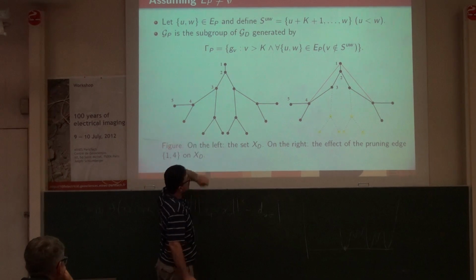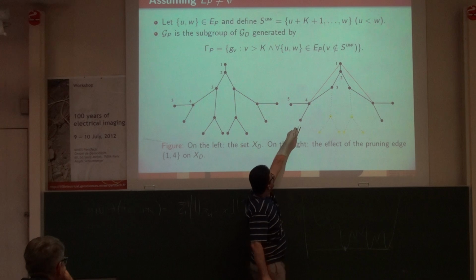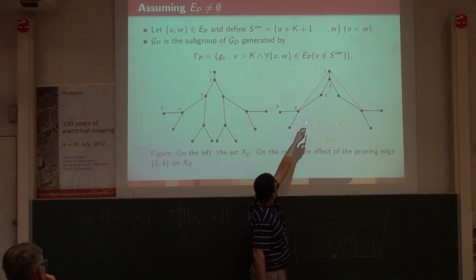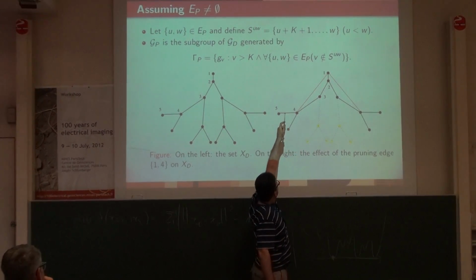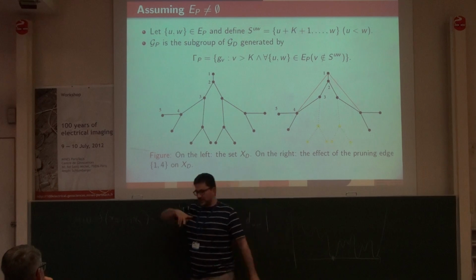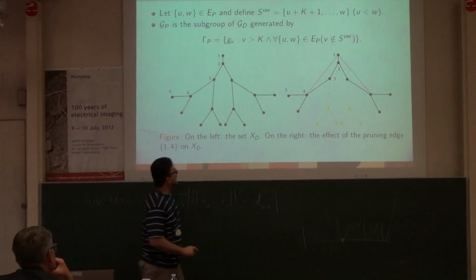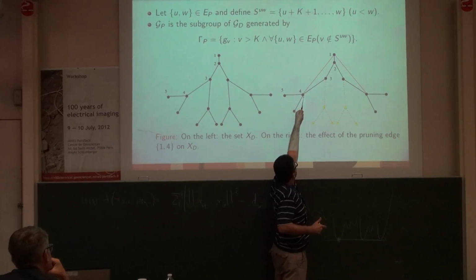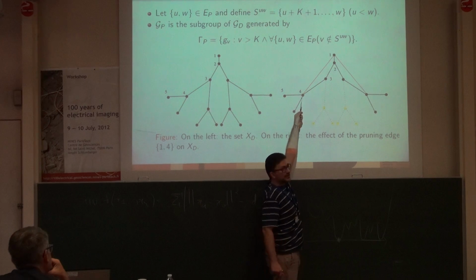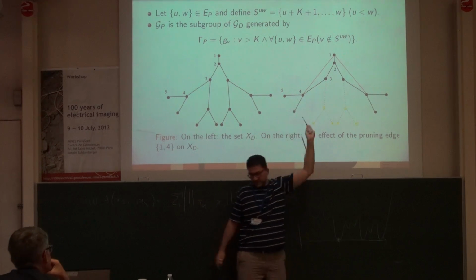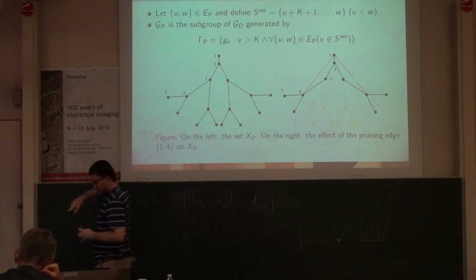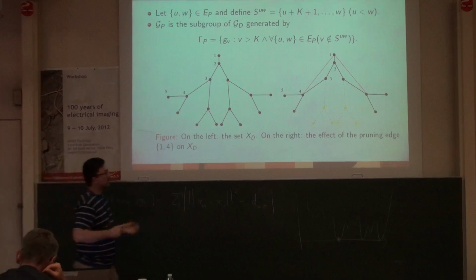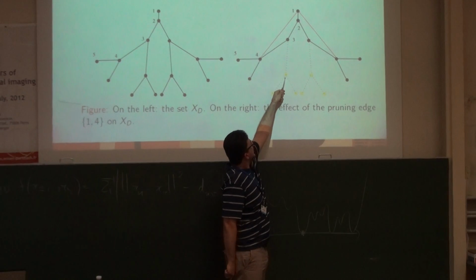Okay? So if we don't have additional edges, all of these paths can be solutions. But now suppose that we have just one additional edge. So the edge connecting 1 and 4. So with the additional edge, we can prune some part of the tree. In this case, I'm supposing that this position is feasible according to the additional edge that we have. But since in this case we will have two spheres in 2D, we have just one point in the intersection. So it means that the other possibility is not possible.